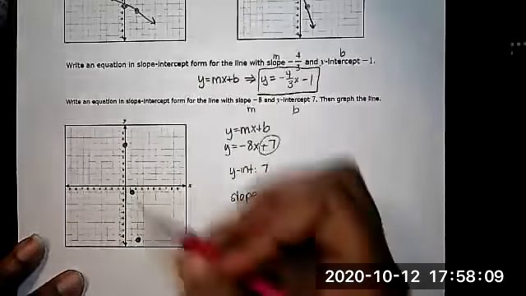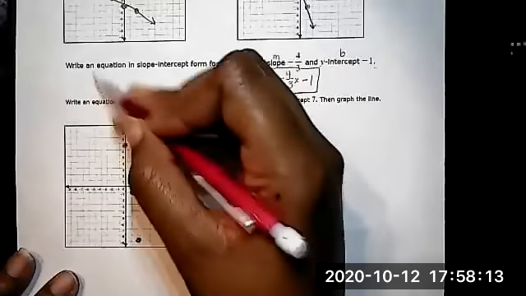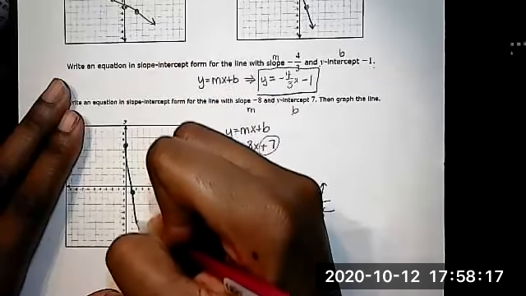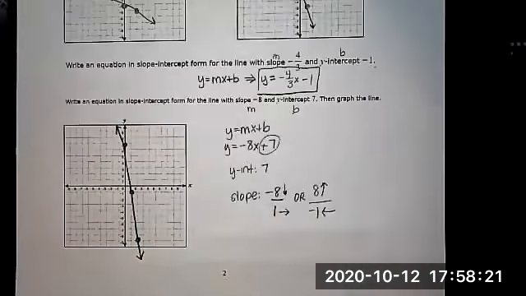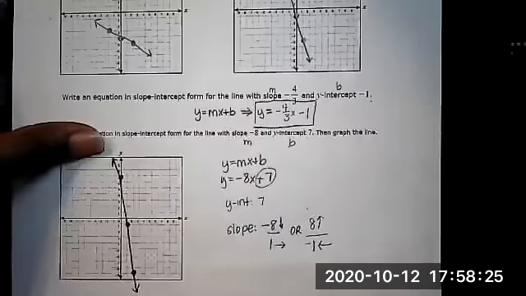Okay? You can keep using that same slope if you want to, or go up. But since it goes off our graph, I'll just keep it that way. Okay? All right, so that is our equation. That's our graph from our equation.